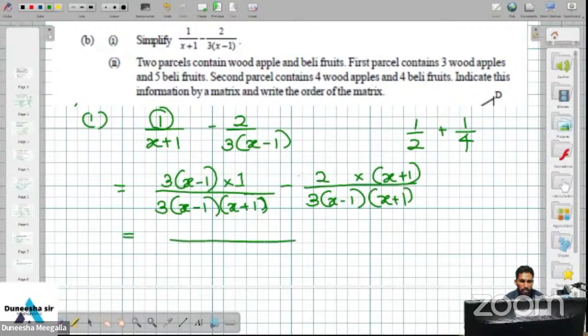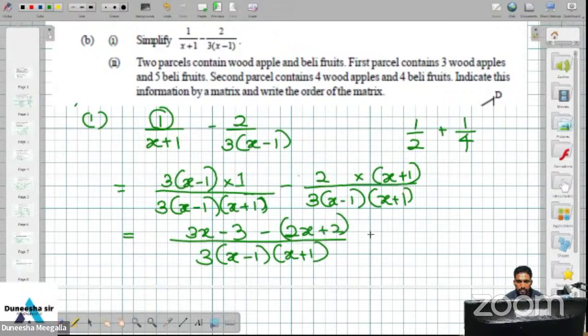Okay. Then the common denominator is (3x minus 1)(x plus 1). 3 multiplied by x is 3x minus 3, then 2x plus 2. 3x minus 2x is x.